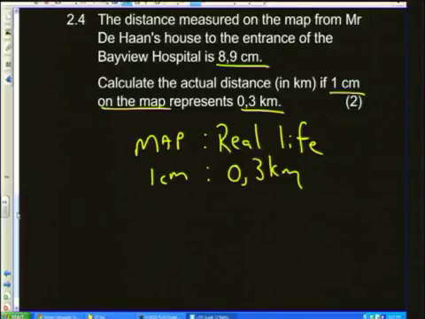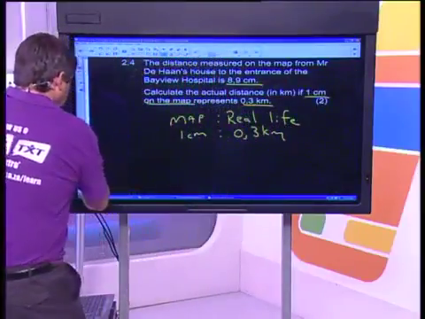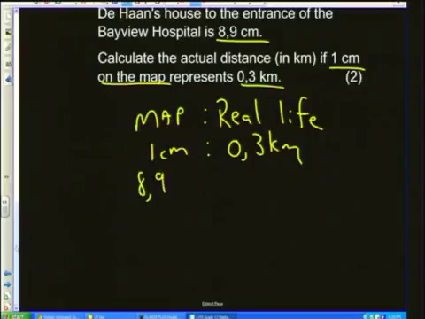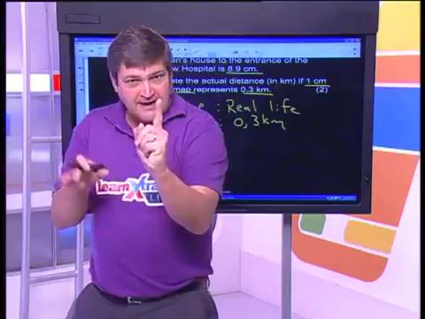But folks, we don't want to know how far 1 centimeter is. The question says, how far in real life is 8,9 centimeters on the map? So instead of saying 1 centimeter, I'm going to say 8,9 centimeters. Now here's the question. How did I make that 1 become 8,9?